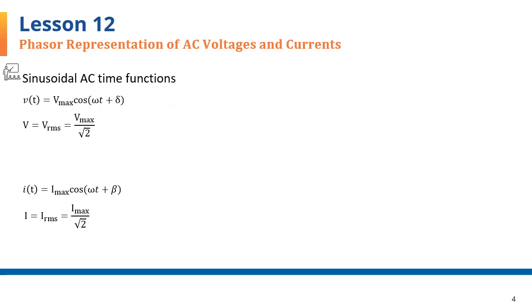As an example, if I'm told that the RMS value of a voltage is 120 volts and its phase angle is 30 degrees, I can first calculate Vmax. So V, the effective value or RMS value, equals 120 in our example case, and delta equals 30 degrees.